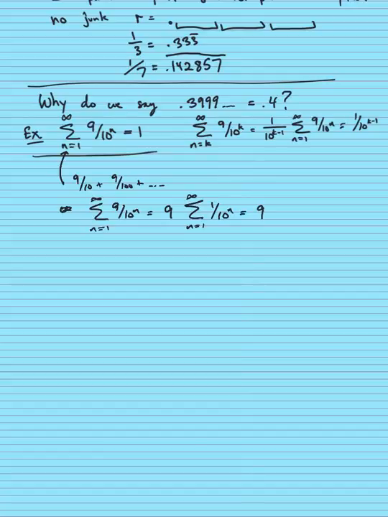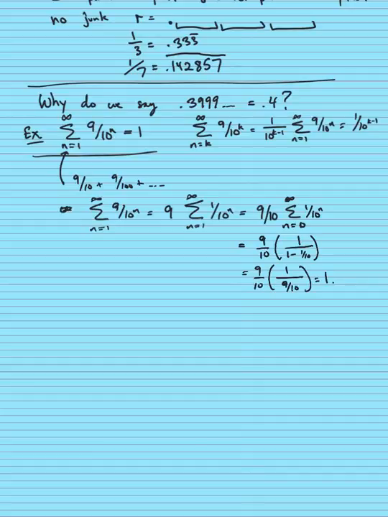This is 9/10 times the sum from n equals 0 to infinity of 1 over 10 to the n. Now I can plug into my formula, so this is 9/10 times 1 over 1 minus a tenth. In other words, this is 9/10 times 1 over 9/10, which is 1.